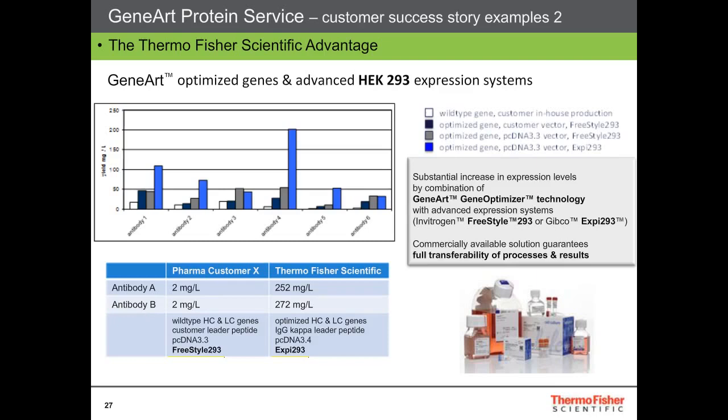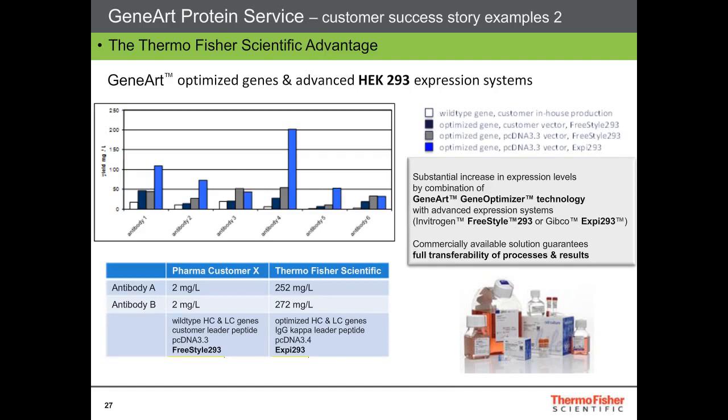And then finally, when we tested those optimized targets in the highly advanced XP293 system, you can see that a significant level increase in protein production was achieved. Again, demonstrating that we here could increase protein production levels almost 50-fold for certain antibody targets.